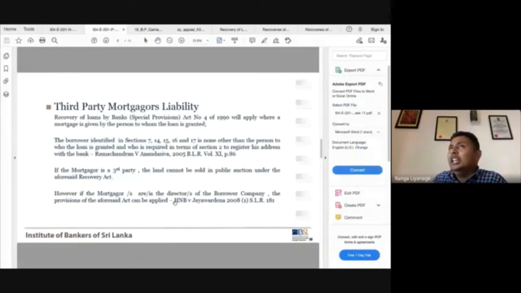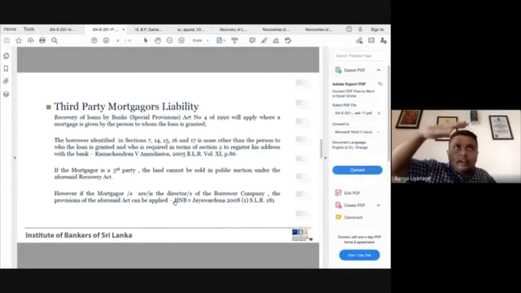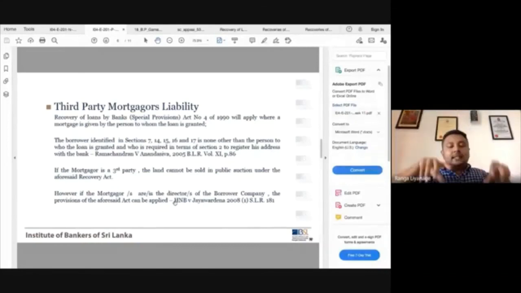However, if the borrower is the company and the mortgagors are the director shareholders of the company, right? The borrower is the company. The property is owned by the director/shareholder of the company. Then, although under company law a private limited company has a distinct legal personality, the law will lift that veil of incorporation and say, company here being the borrower, mortgagors being the shareholder directors are not two persons, but will be considered as one and the same person.